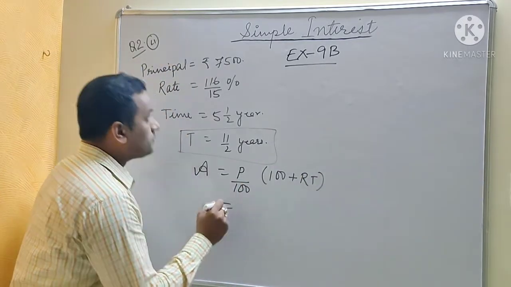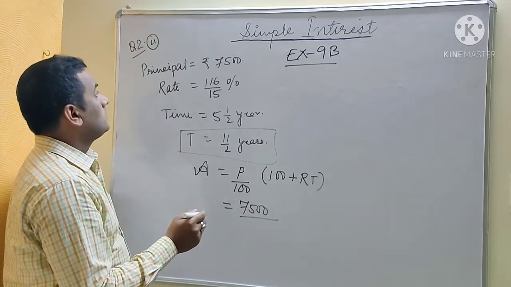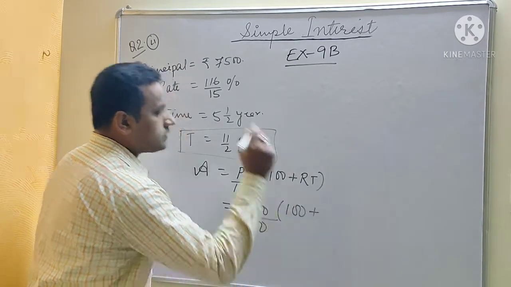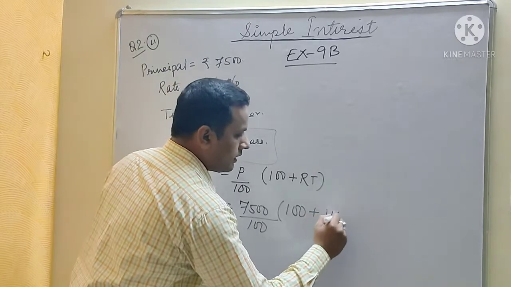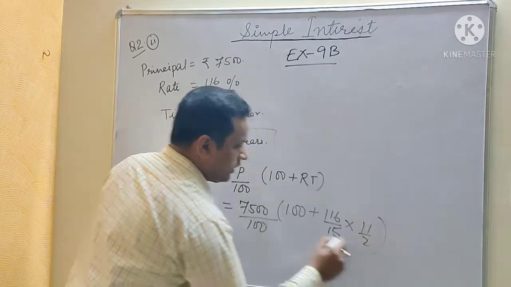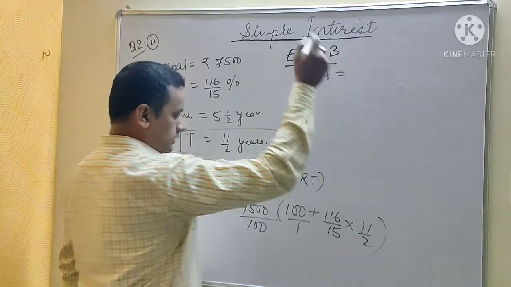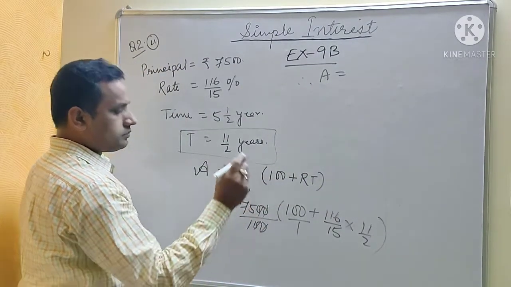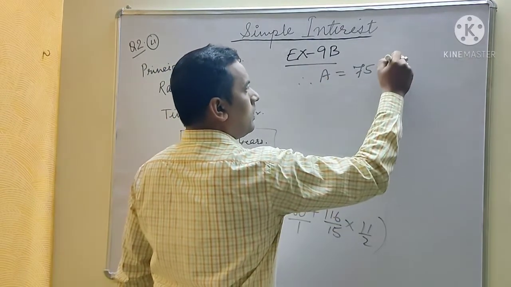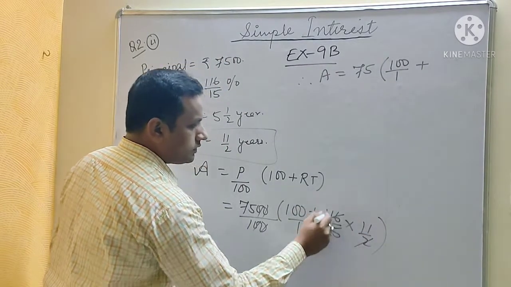So our principal is 7,500 in the second subpart. So 7,500 by 100 into 100 plus R, 116 by 15 into time, that is 11 by 2.